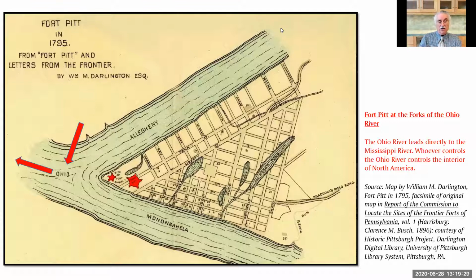And here you can see the Ohio River where it starts. And then you can see the Allegheny and the Monongahela rivers joining to form the Ohio. So the Ohio River leads directly to the Mississippi River. So whoever controls the Ohio River going to the left or going west controls the interior of North America. The French controlled it, but the English wanted it.